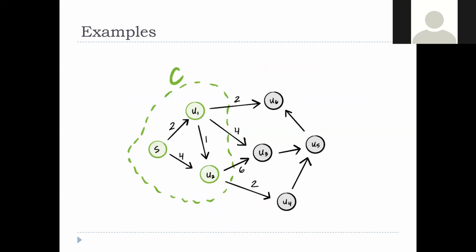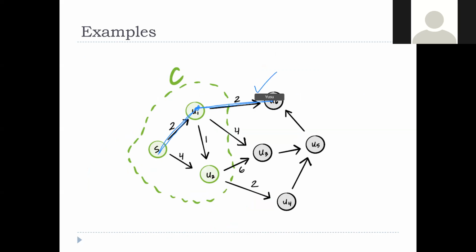Some more examples. Let's say in this case, the set C has 3 nodes, S, U1, U2. Then S goes to U1, and from U1 to U6. This is an exit path because first I stay inside and then I leave set C through one edge.